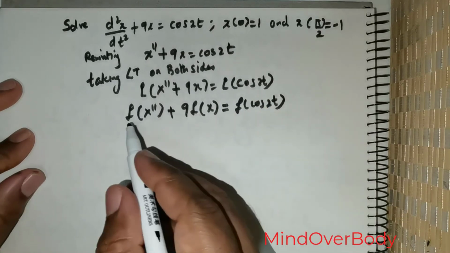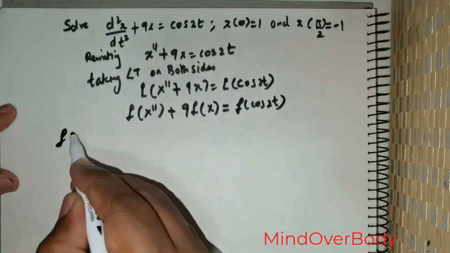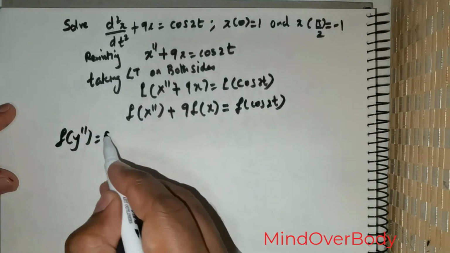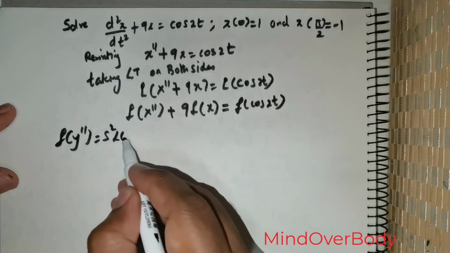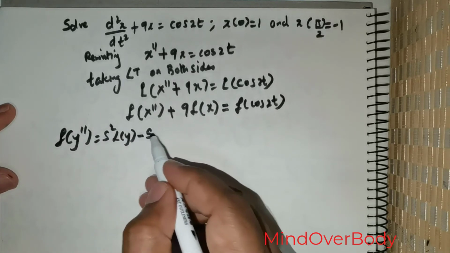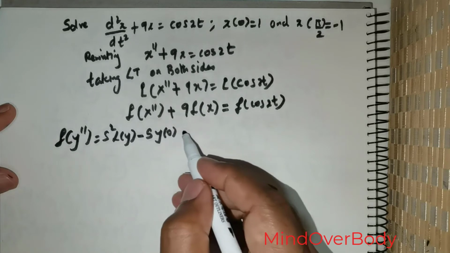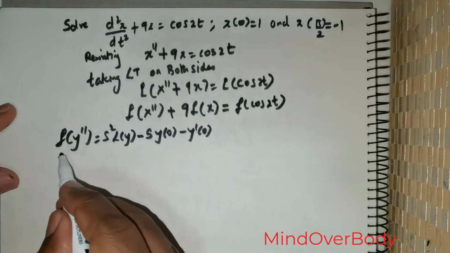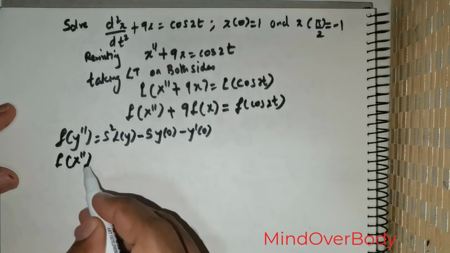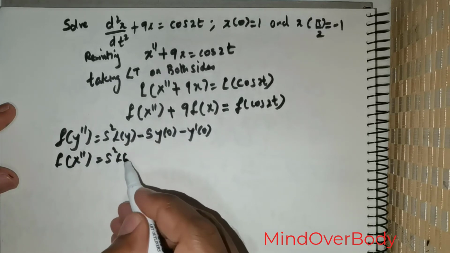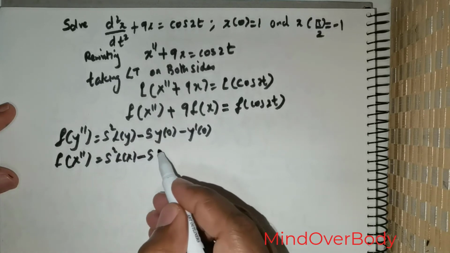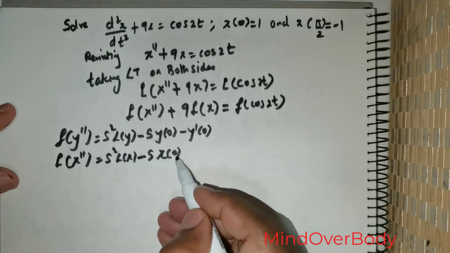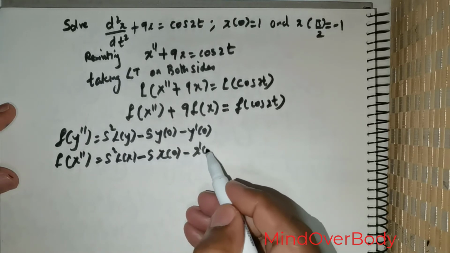Now L of x double dash, we know that L of y double dash is equal to s squared L of y negative s times y of 0 negative y dash of 0. Rewriting this for L of x double dash, this is going to be s squared L of x negative s times x of 0 negative x dash of 0.